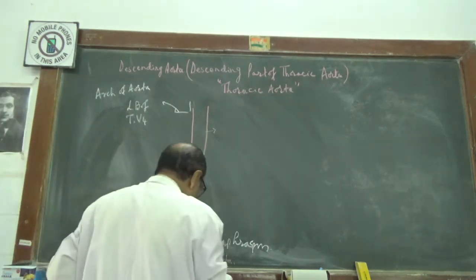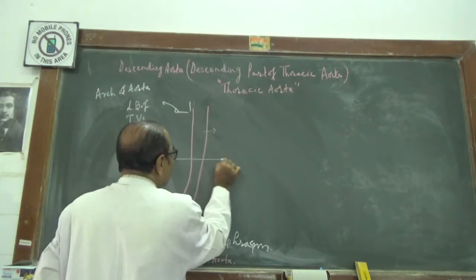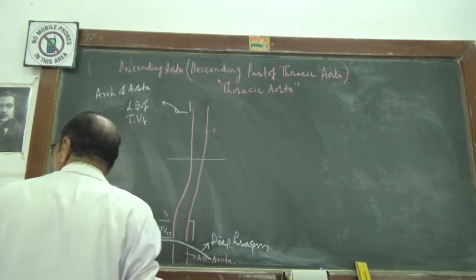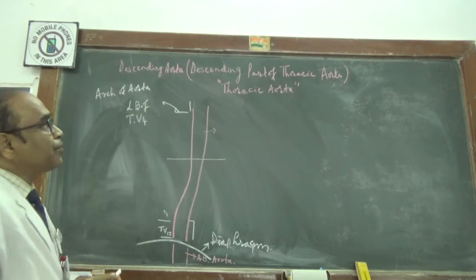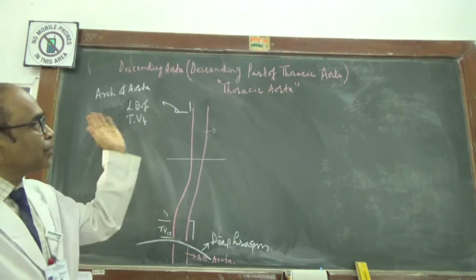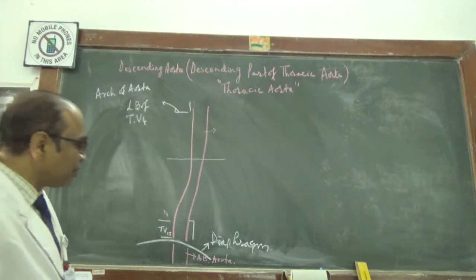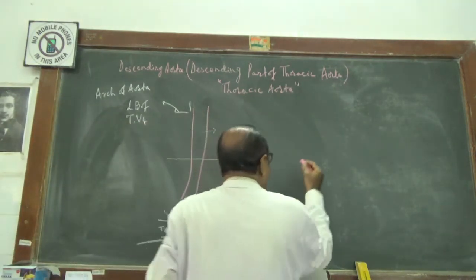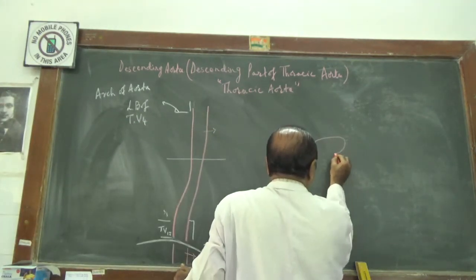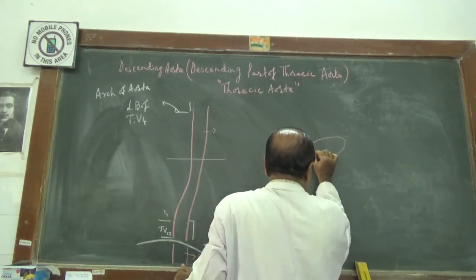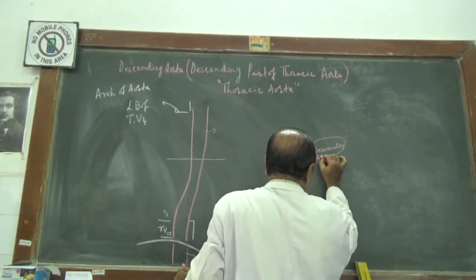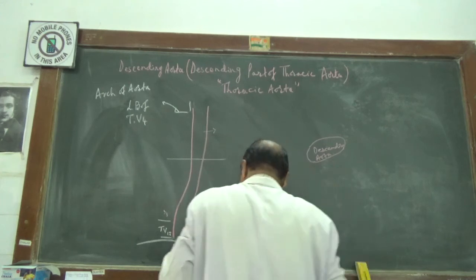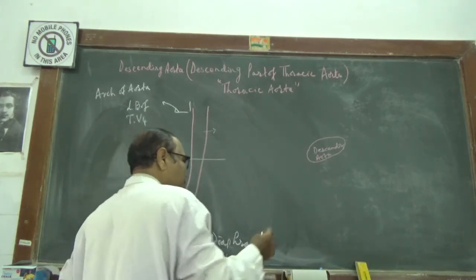Now, if you want to know the relations, you have to cut this particular descending aorta or thoracic aorta, or rather descending part of the thoracic aorta. Then you have to do like this. So this is called the descending aorta. Now this descending aorta will have some relations.